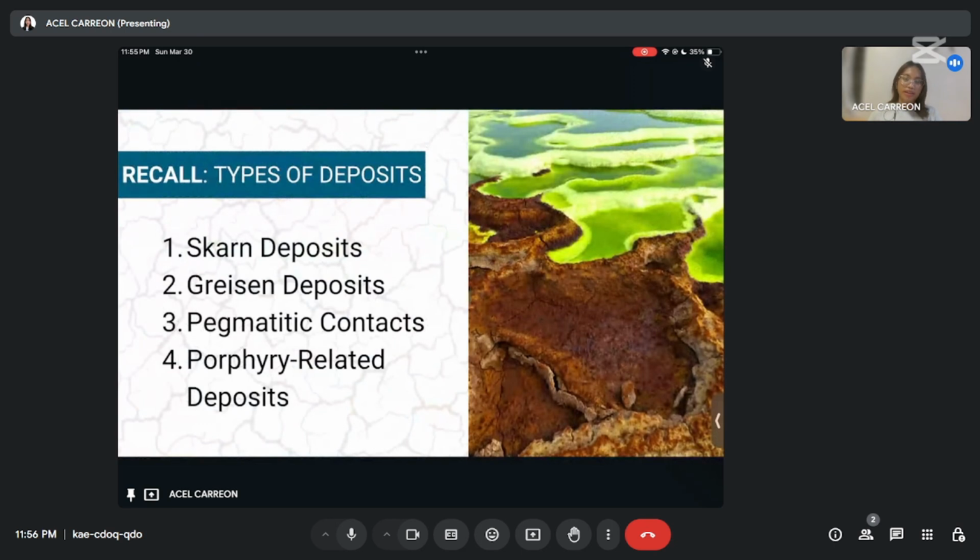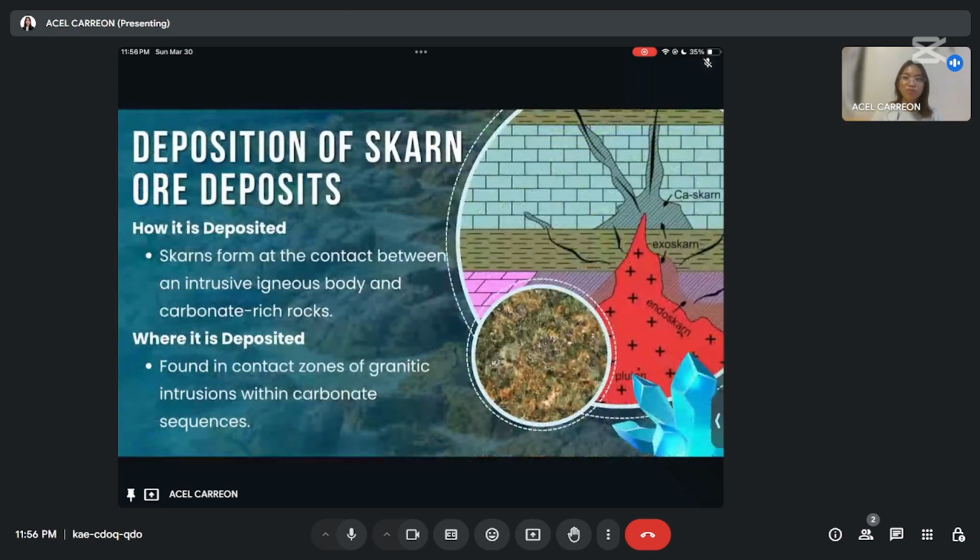To recall the types of deposits that were described earlier, we have the skarn deposits, greisen deposits, pegmatitic contact deposits, and porphyry-related deposits. First off is the deposition of skarn deposits, where skarns form at the contact between an intrusive igneous body and carbonate-rich rock like limestones or dolomites due to metasomatic exchange.